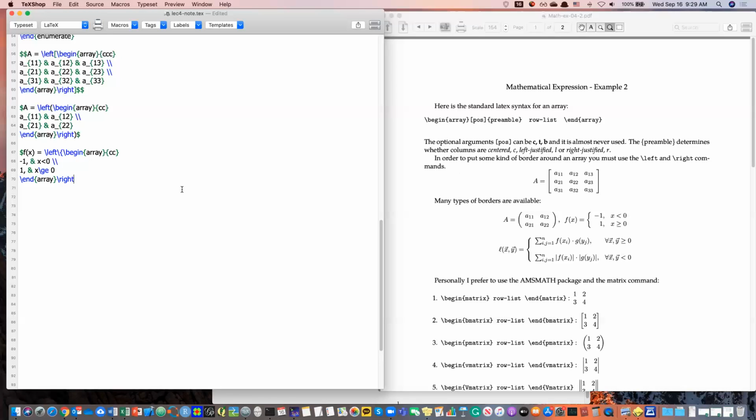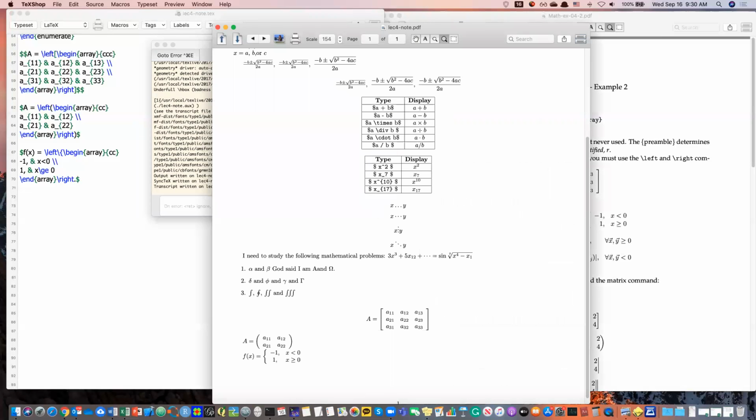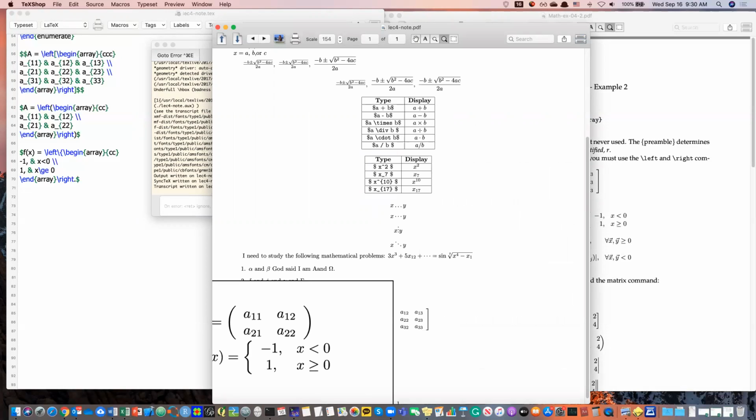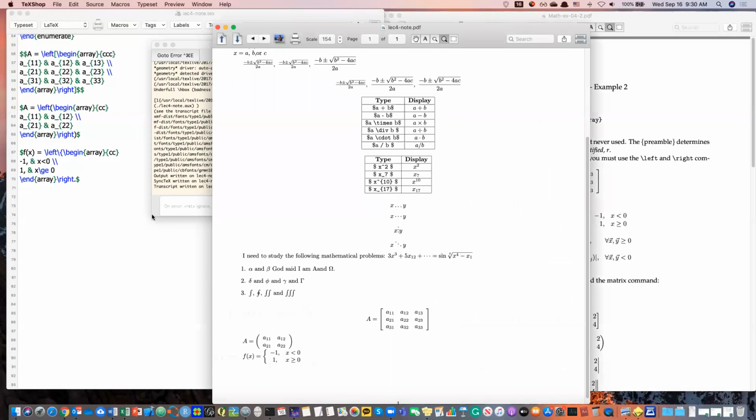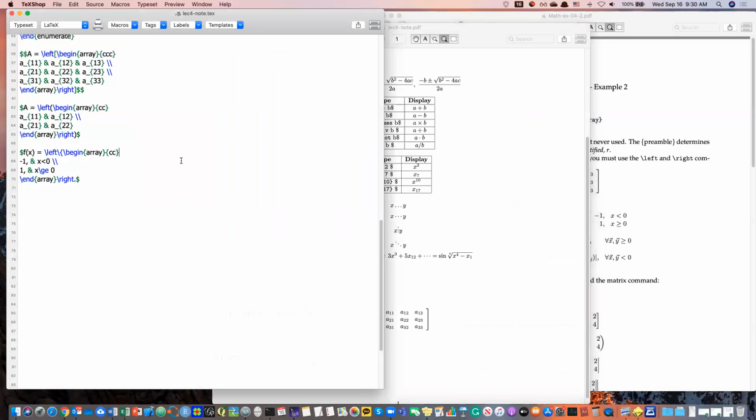Then we just leave a backslash, and then we put a period, and then we put the dollar symbol. Then we got the, yes, but give me a second. I want to express this one in there.